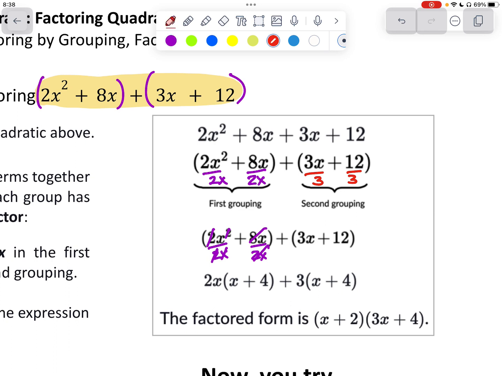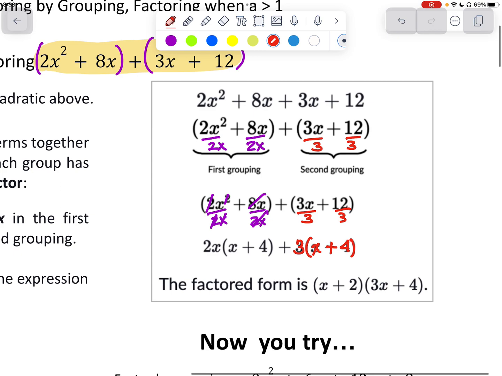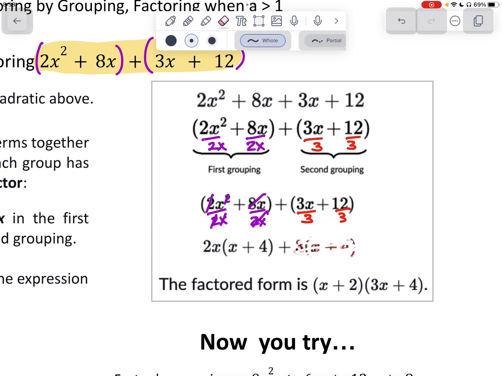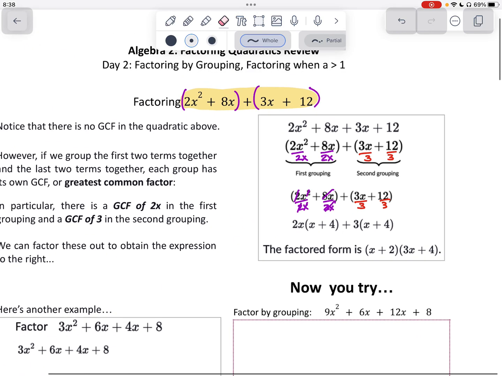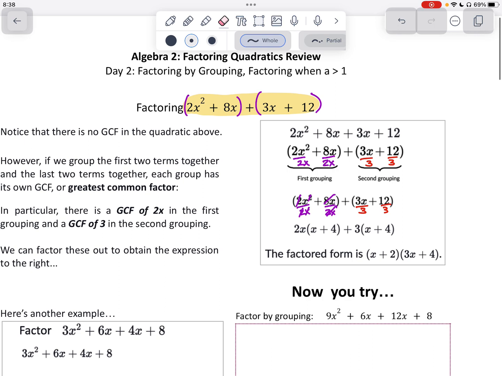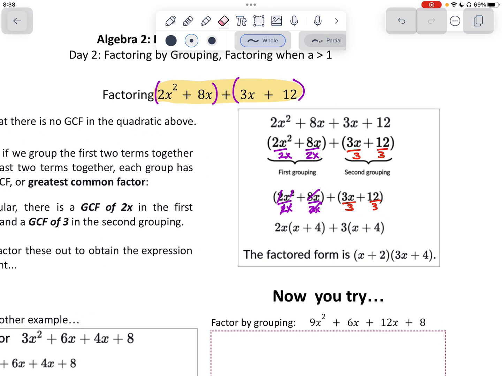We're going to do the same thing here with the second 2 terms. We're going to factor out that common factor of 3, and that leaves us with x plus 4. So then what you notice is that we now have 2 grouped terms.